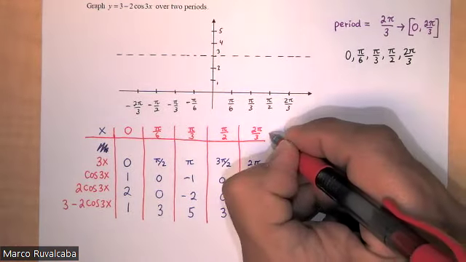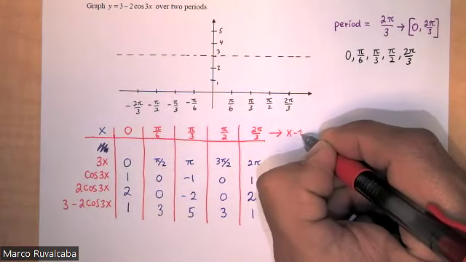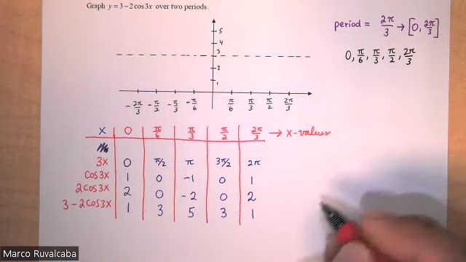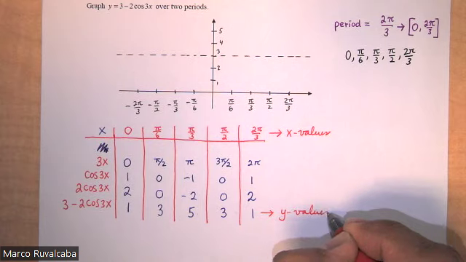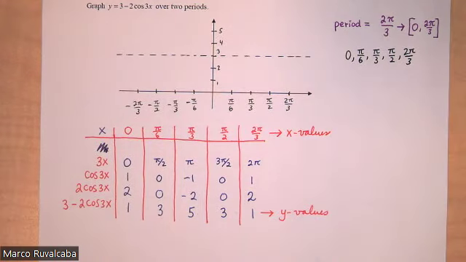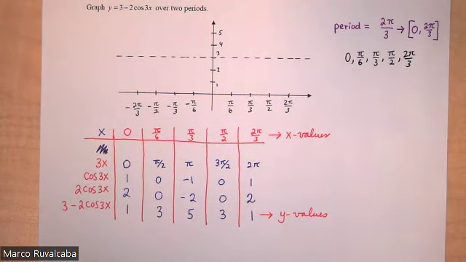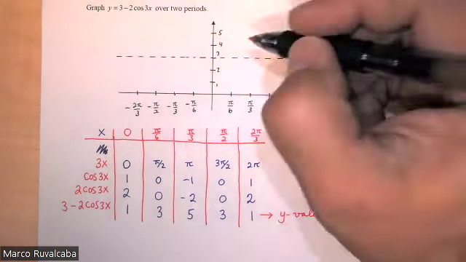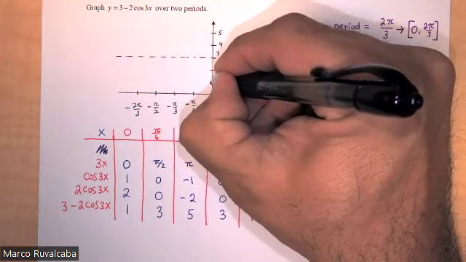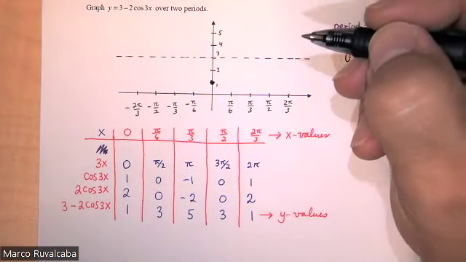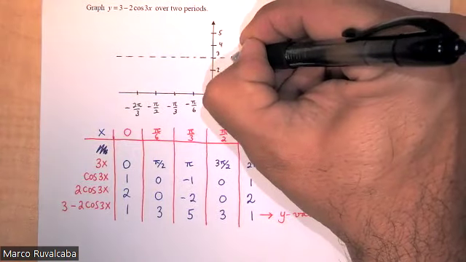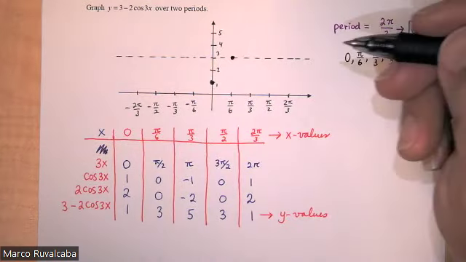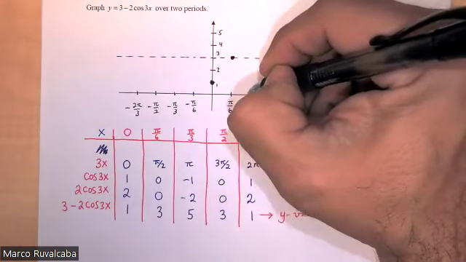So this is our x values on my graph, and this will be the y values. Okay, and now let me plot those here. So 0, 1, that's this one right here. Pi 6, 3. Pi thirds, 5.